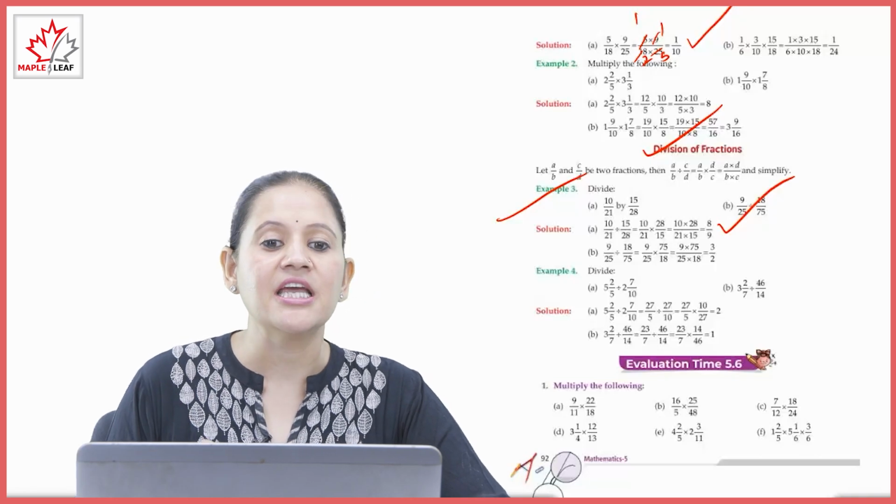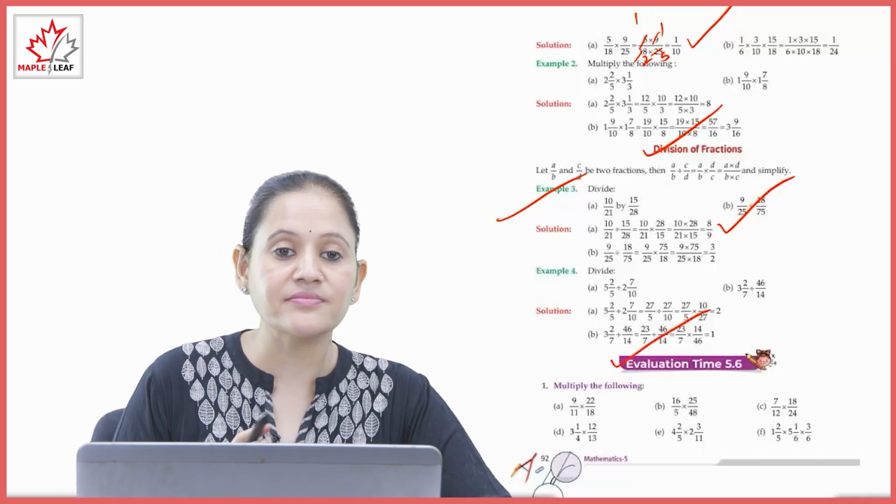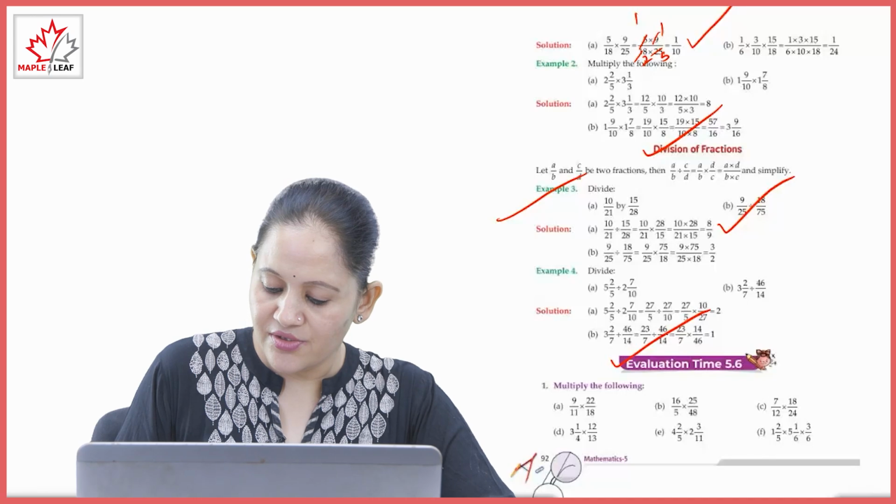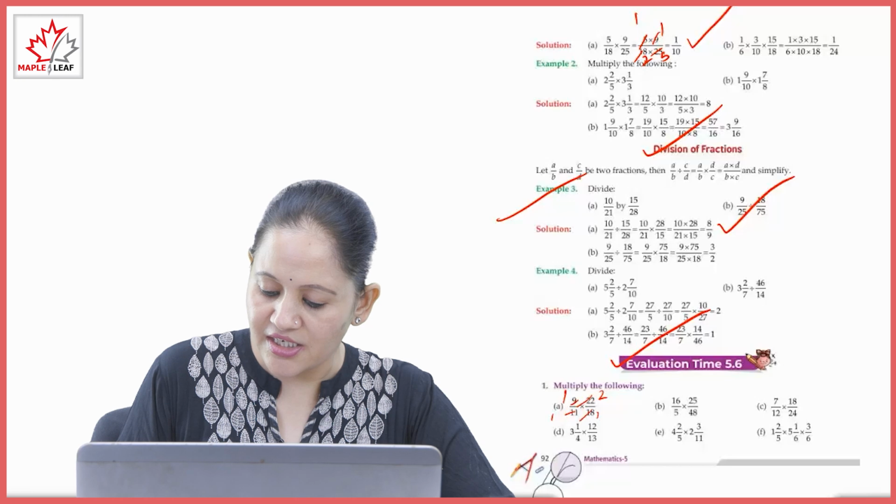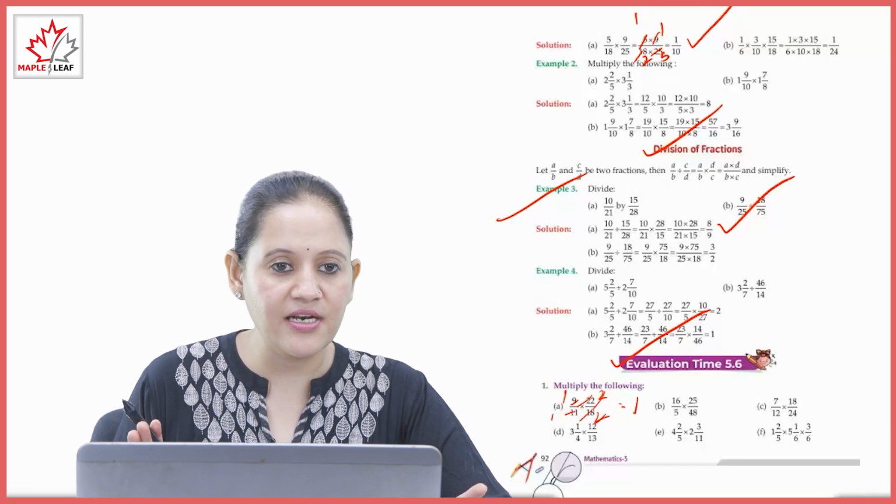Clear? Next, Evaluation Time 5.6. Multiply the following. So here we simplify. 9 ones are 9, 9 twos are 18. So that is equal to 1. Clear?